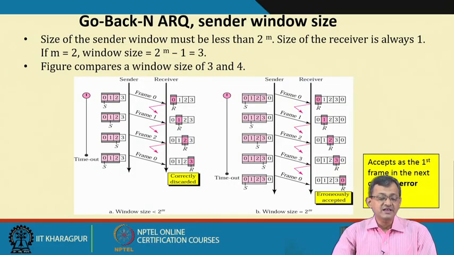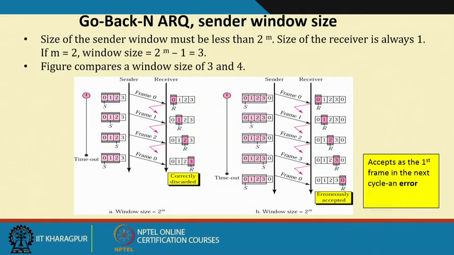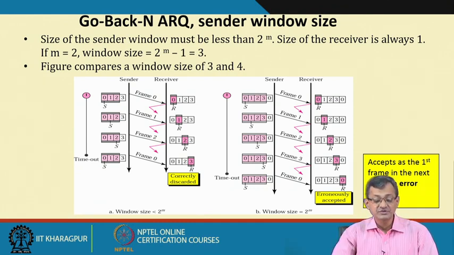On the sender side in Go-Back-N ARQ, the size of the window must be less than 2 to the power m, and the size of the receiver window is always 1. If m equals 2, the size is 2 to the power 2 minus 1, which is 3. The figure compares window sizes of 3 and 4.